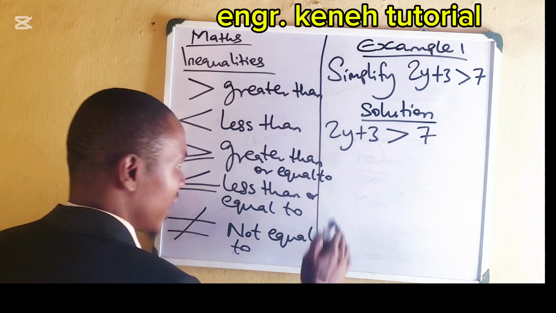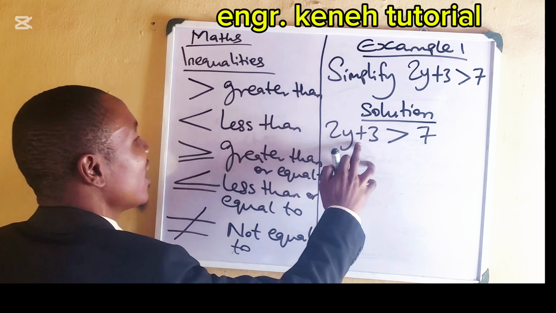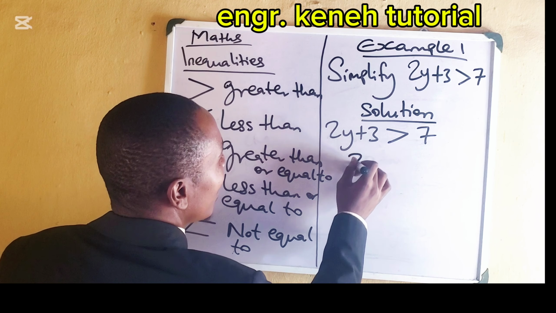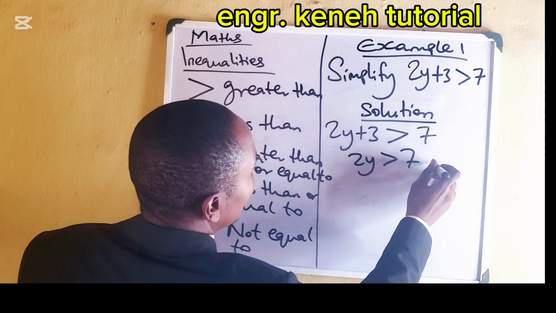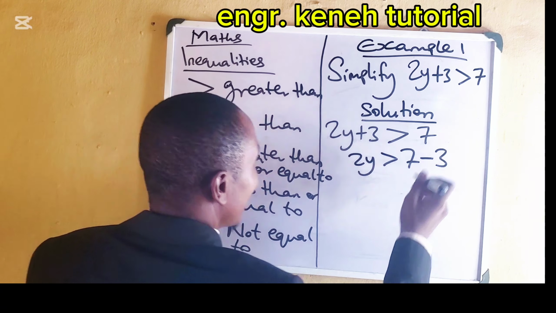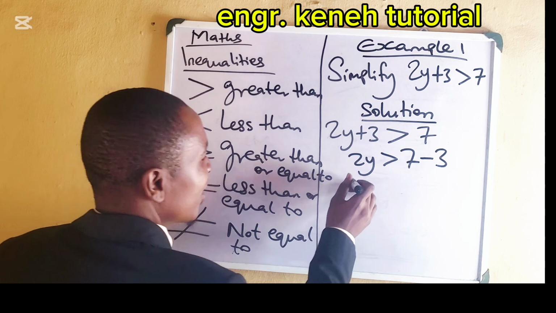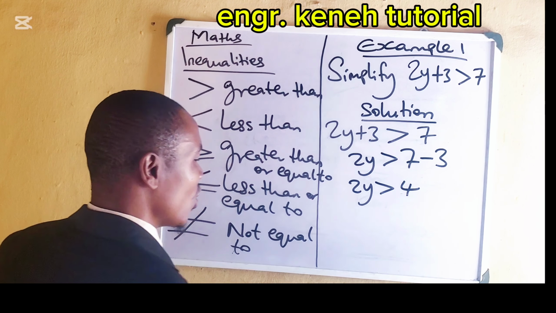So when you have something like this, I'll move this to this side, and crossing this inequality sign, this plus sign will change. It will become a minus sign. So I will have this one left. Remember, when this comes, it should be minus, like this. Can you see that? All right. So this will give us that 2y is greater than, when you subtract this, you are going to have 4.